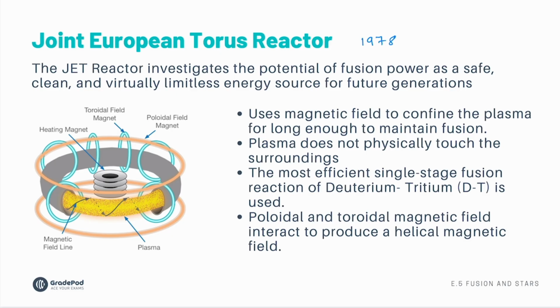There are only a few types of fusion reactions that are actually possible, and the most efficient type is the reaction of deuterium-tritium fusion, and that's the one that's used inside this JET reactor. And then the very clever scientists who have developed this JET reactor have used a myriad of different types of magnetic fields to interact with each other to make sure that this all stays contained and works.